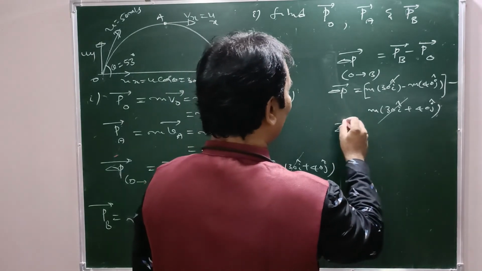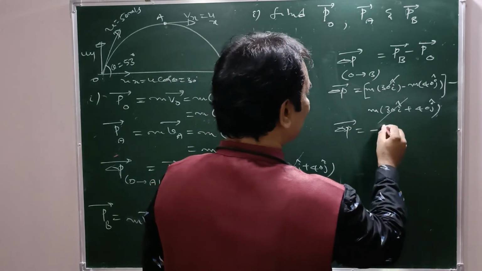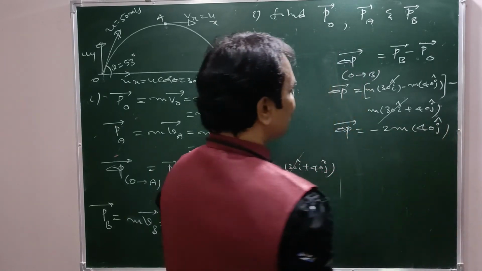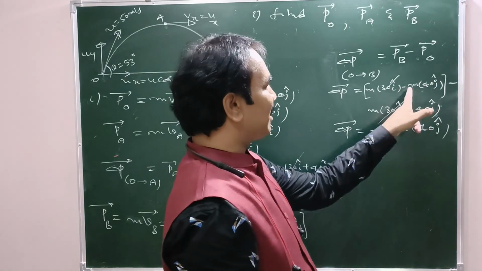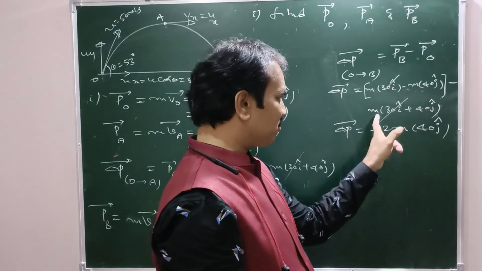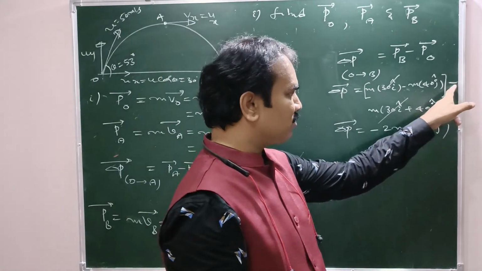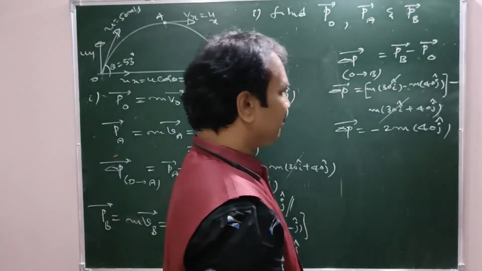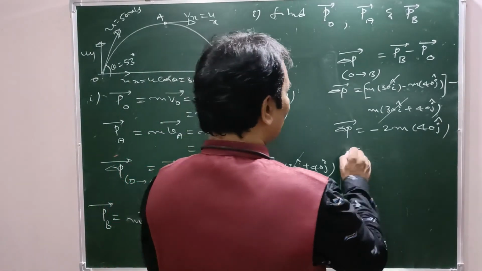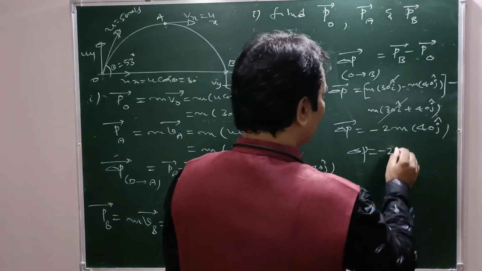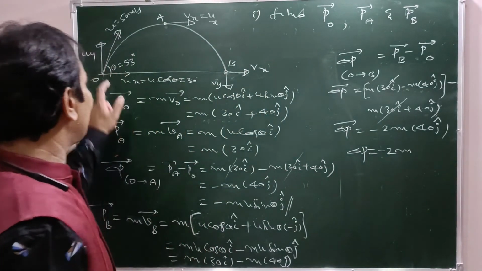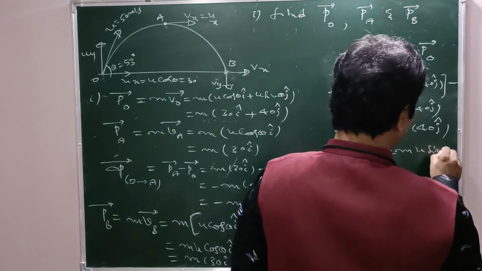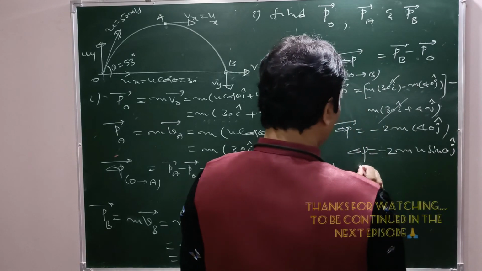That is delta P bar equals minus 2 into M into 40J. See, these two same terms come with the same negative sign, so twice: minus 2 into M into 40J. Here 40J means U sin theta. So delta P bar equals minus 2 M U sin theta into J for the entire flight, from O to B.